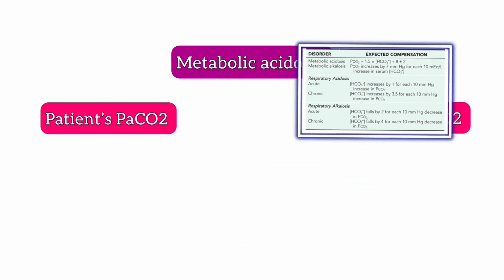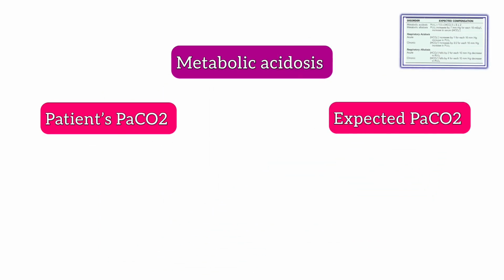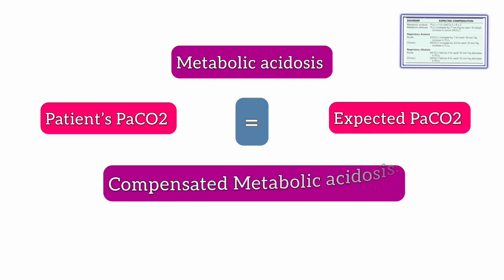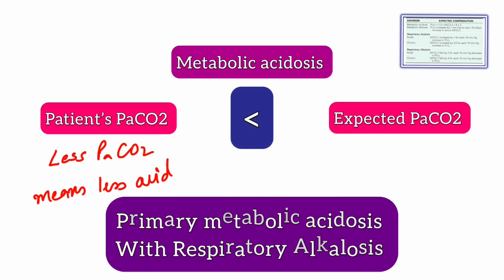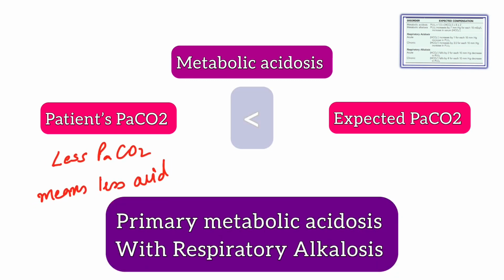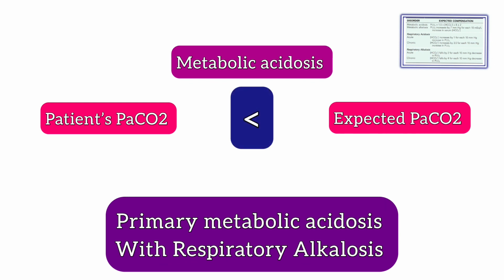Now see, if the real PaCO2 of the patient is the same as the expected PaCO2, then it is compensated metabolic acidosis only. If the real PaCO2 is less than the expected PaCO2, then it is a mixed disorder of primary metabolic acidosis with concomitant respiratory alkalosis. As I have already told, PaCO2 is an acidic gas.